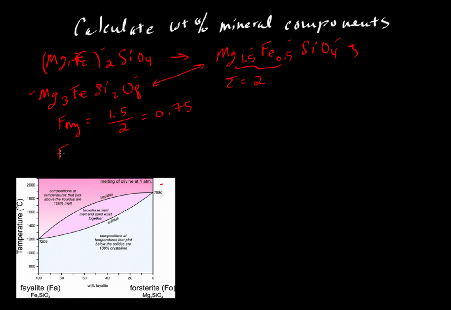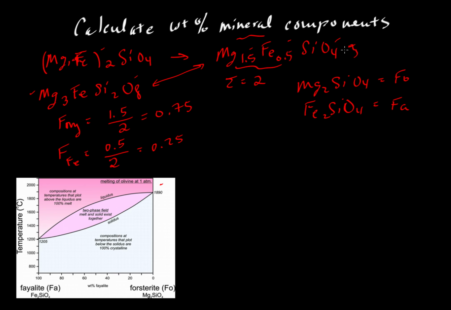And if we look at the fraction of iron, it would be a similar kind of calculation. We'll take 0.5 over a total of 2 cations in this octahedral position, and that comes out to 0.25. So if we write the pure Mg one as Mg2SiO4, this is equal to forsterite, and Fe2SiO4 is the mineral fayalite.